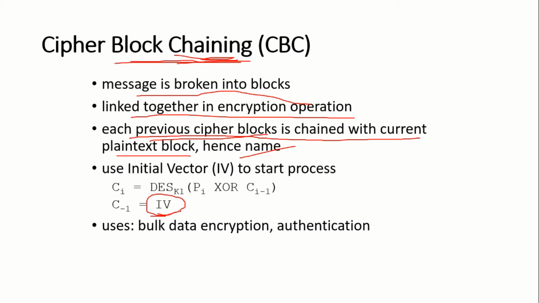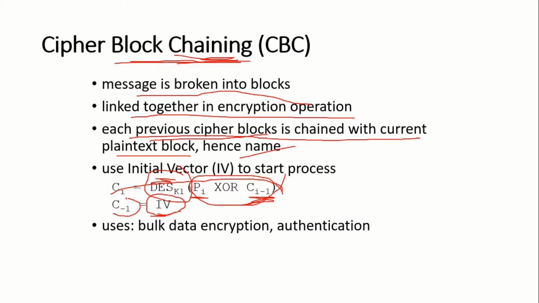So here the cipher block is generated using this expression. How does it work? It simply performs the XOR operation between the plain text block on which we are working and the previous cipher block, right? The XOR operation is performed and then we apply the key over it. Fine.